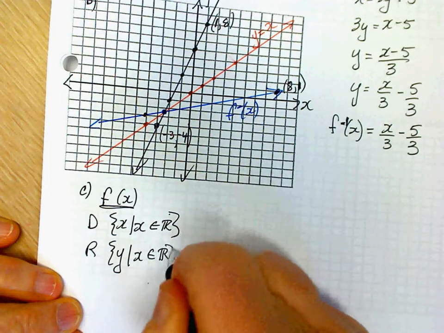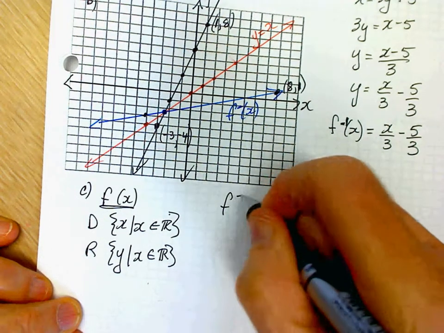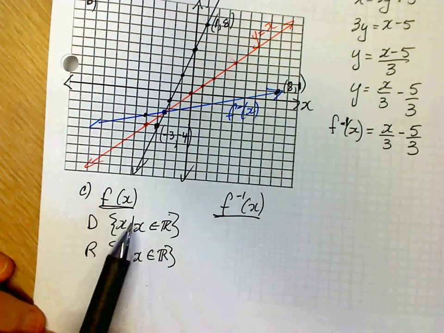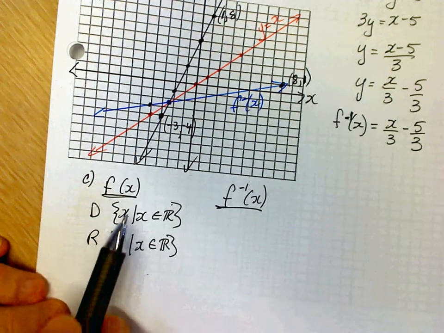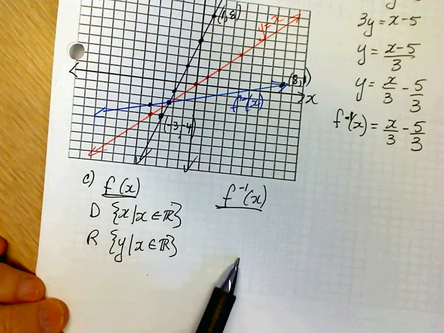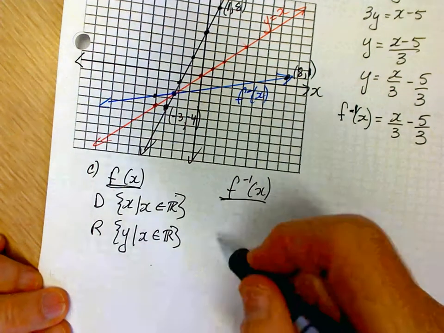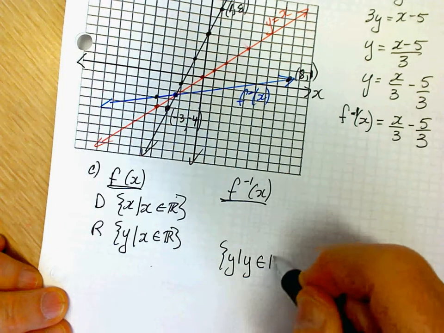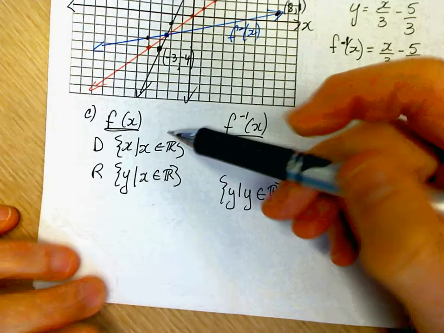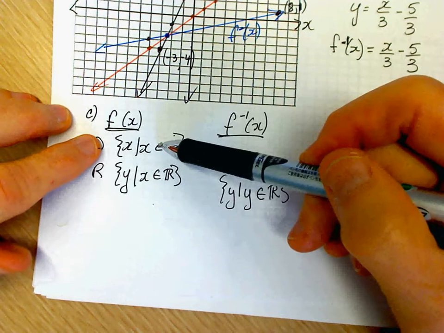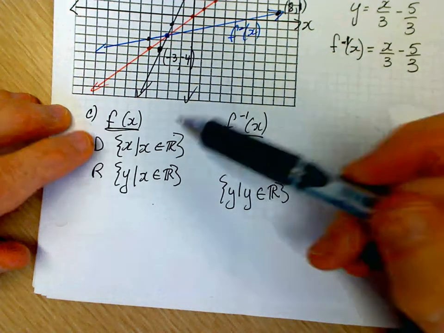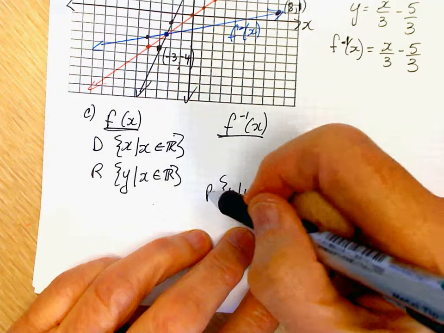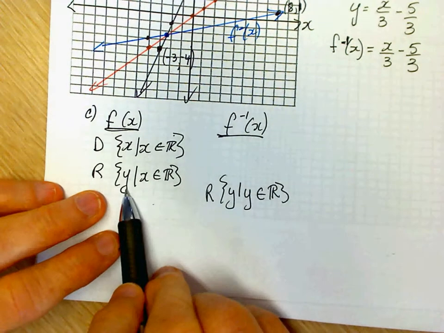f minus 1 of x for the inverse. Well, the domain of f of x becomes the range of the inverse. So we will write y such that y is an element of real numbers, right? The domain of the original function becomes the range of the inverse, and the range of the original function becomes the domain of the inverse.